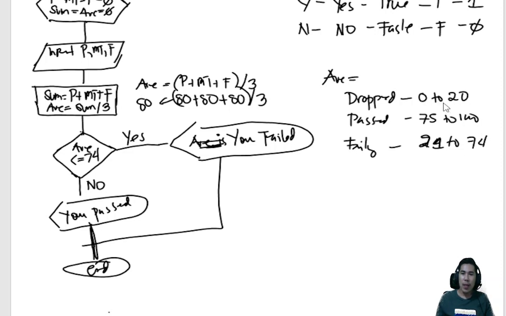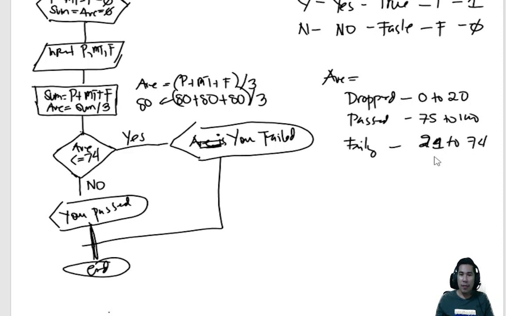So sir, what is 0 to 20? It probably means the student took only one quiz, and after that is a no show, never came in again. Then the grade is probably between 0 and 20. Let's say we are on base 20, the averaging is normally every time you input a quiz. If there is only one input in your grade, just the quiz, and nothing else, so probably it falls into drop instead of failed.